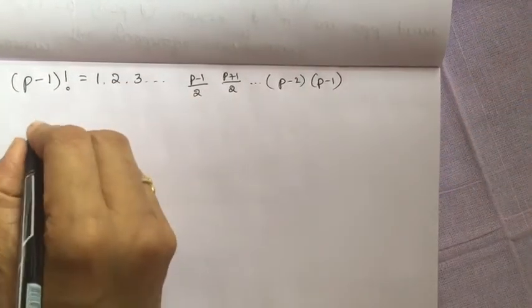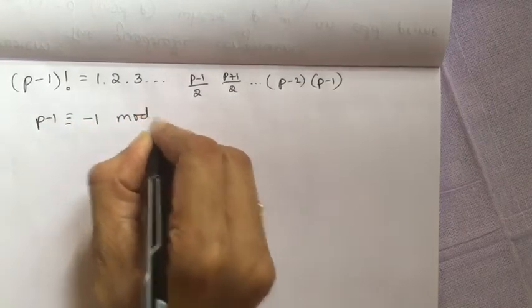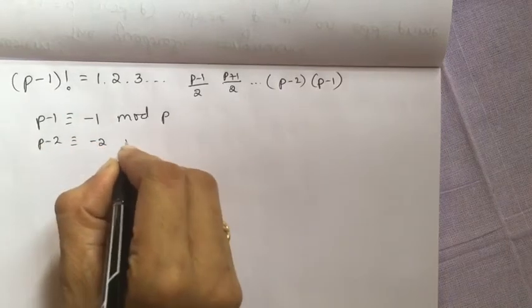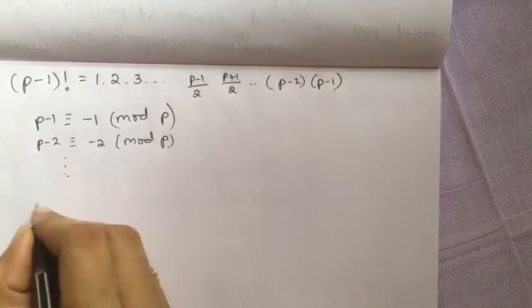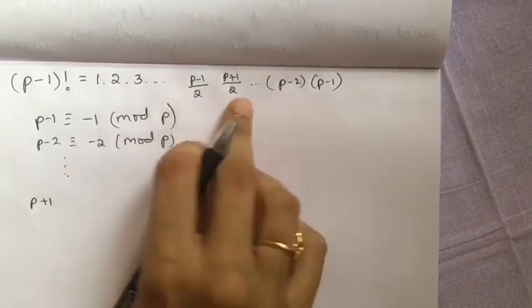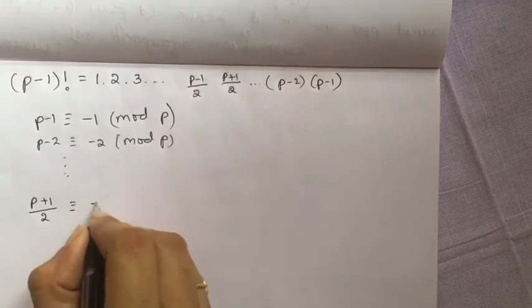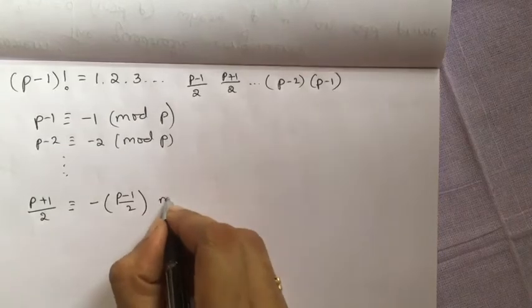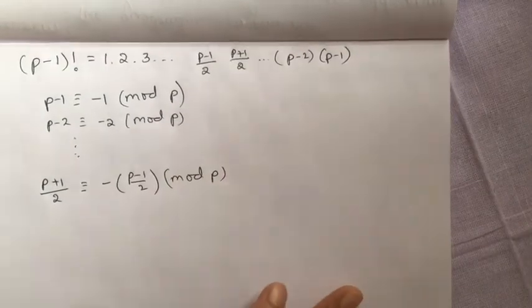And we know that p minus 1 is congruent to minus 1 mod p, p minus 2 is congruent to minus 2 mod p, and like that, (p plus 1) by 2 is congruent to minus of (p minus 1) by 2 mod p. You can check it out.